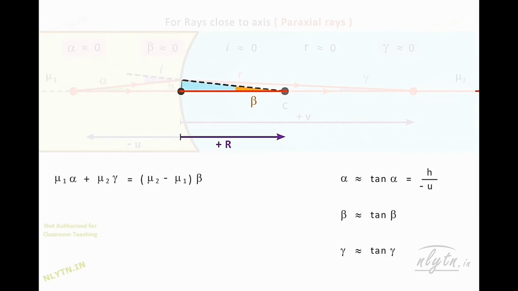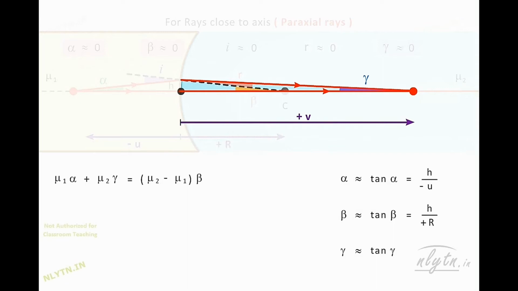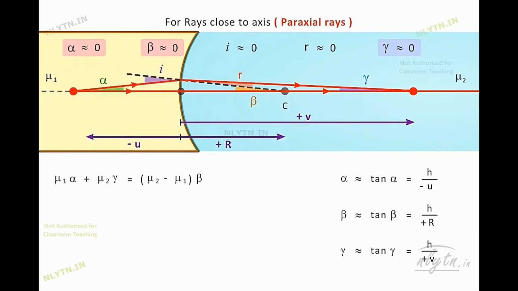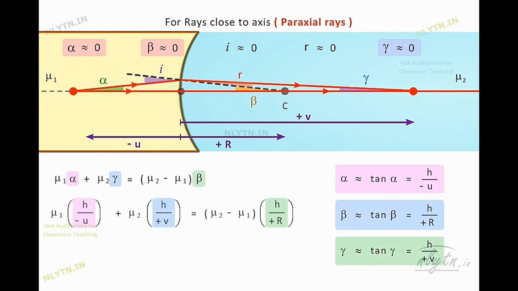From this triangle, beta will be equal to this term. From this triangle, gamma will be equal to this term. Using these values, we get the equation of refraction for a spherical surface.